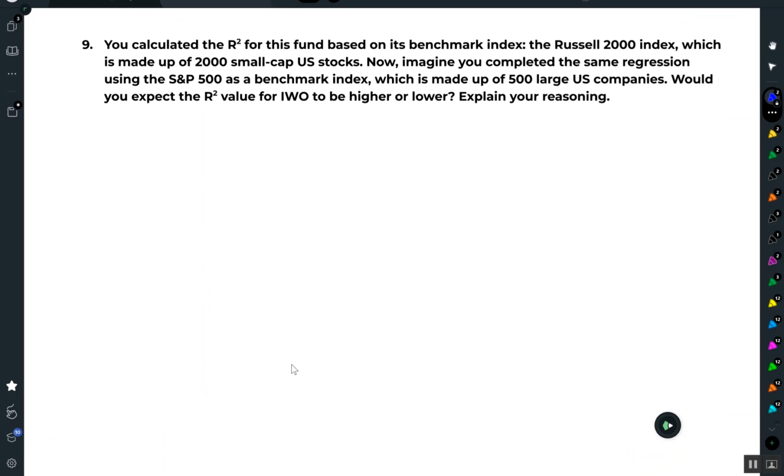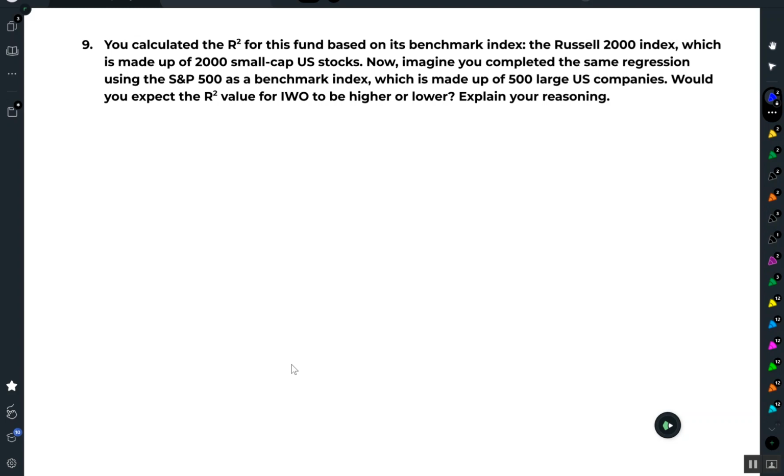The last question: you calculated the R squared for this fund based on the benchmark index, the Russell 2000 index, which is made up of 2,000 small cap US stocks. Now imagine you completed the same regression using the S&P 500 as the benchmark, which is made up of 500 large US companies. Would you expect the R squared for IWO to be higher or lower?